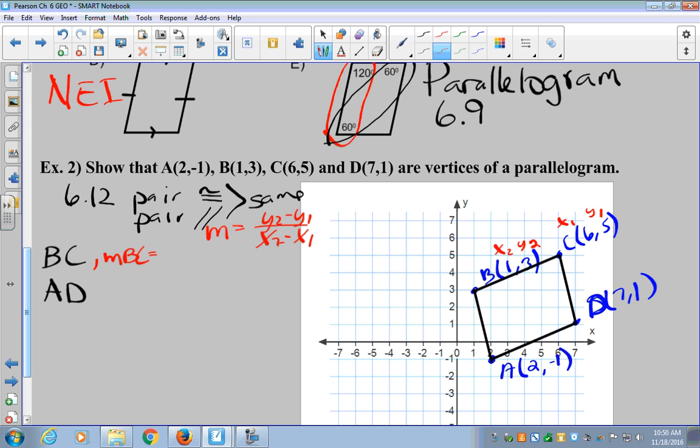Okay, y2 is 3. y1 is 5. x2 is 1. x1 is 6. Okay, thank you, Lily. 3 minus 5 is negative 2, and 1 minus 6 is negative 5. So the slope of BC is 2/5. Take a moment to double check I did that correctly.